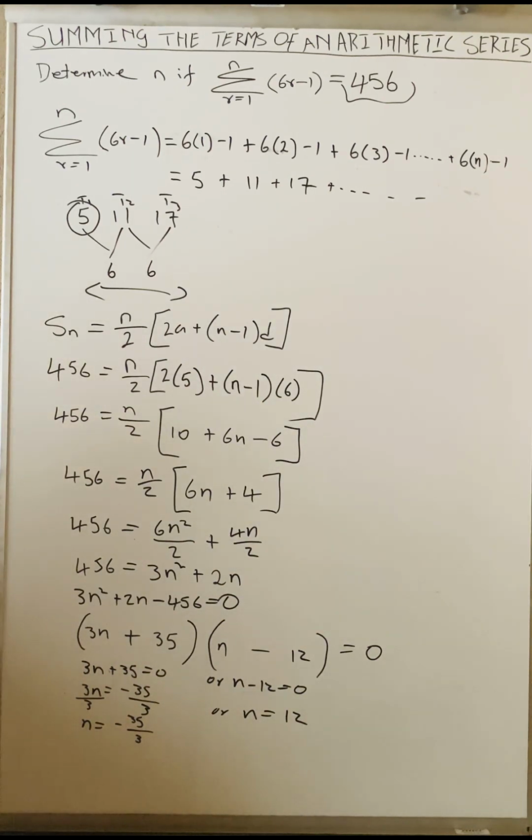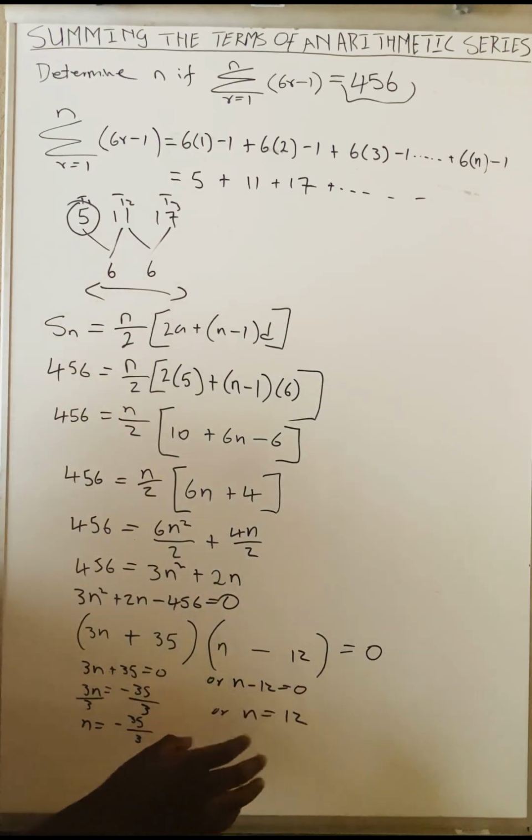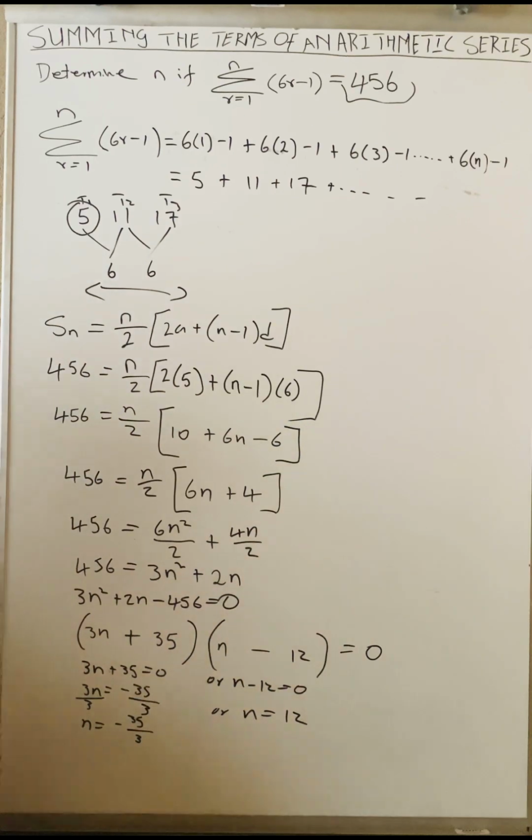If it doesn't give you 456, it means it's not. And also with 12, you substitute it on this formula. If it gives you that the sum is 456, it means it is.